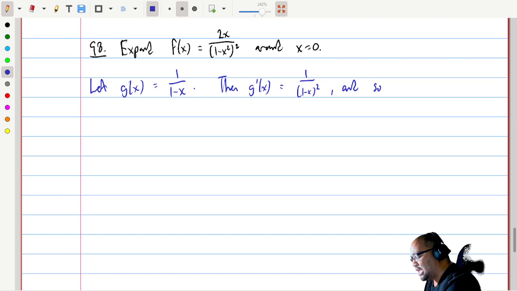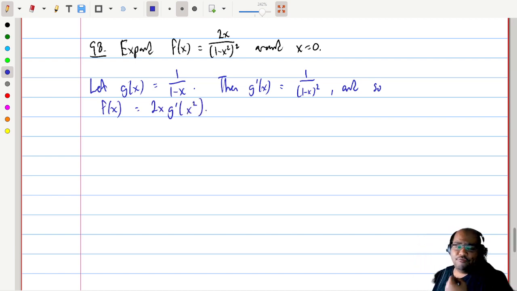So now my function f of x is equal to 2x times g prime at x squared. So we're going to follow these steps for the construction: expand g, take the derivative term by term of that expansion, replace x with x squared, and then multiply by 2x, and we're done.